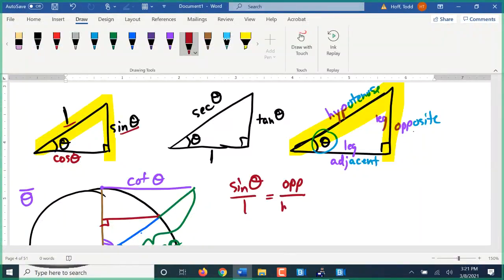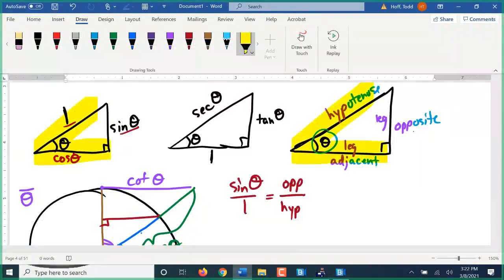The hypotenuse. So the sine of theta is opposite over hypotenuse. I'm going to look at the cosine and 1, which would be these two sides over here. So cosine of theta over 1. What side of this triangle corresponds to the cosine? Adjacent. And of course, hypotenuse still corresponds to the 1.